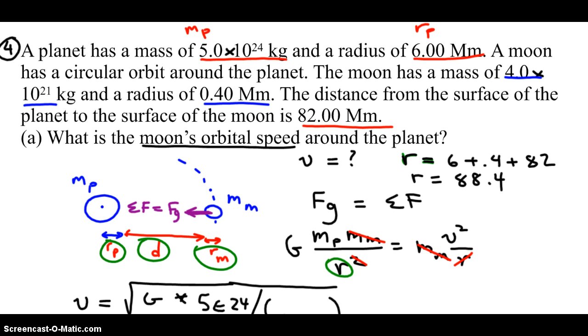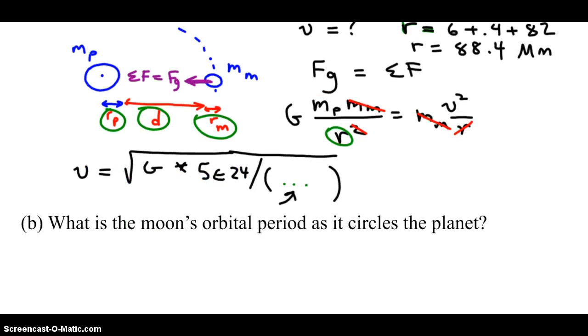And then I have the 0.4. Megameters. I'm going to come back down here and plug in the value. 88.4. Mega is 10 to the 6. So in this equation, I must plug in meters for r, which is why I have the 10 to the 6 right there, because mega is 10 to the 6.